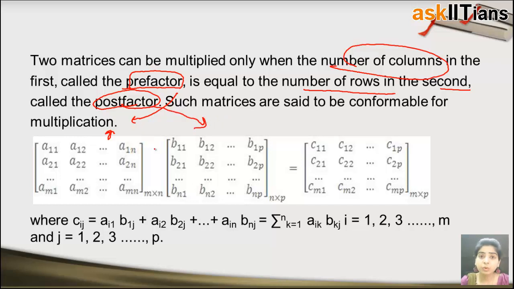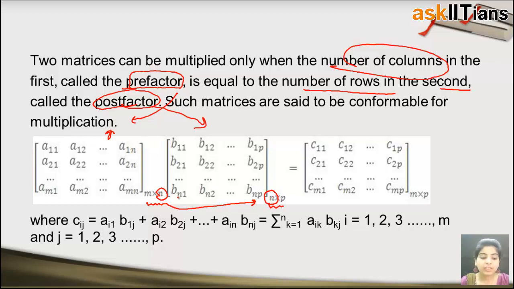You just need to note one thing here, that the number of columns of the first needs to be equal to the number of rows of the second. That is, if we have an m cross n ordered matrix, then the second matrix should be of order n cross anything, say p. This n should be the same as this n, only then can we multiply the two matrices.